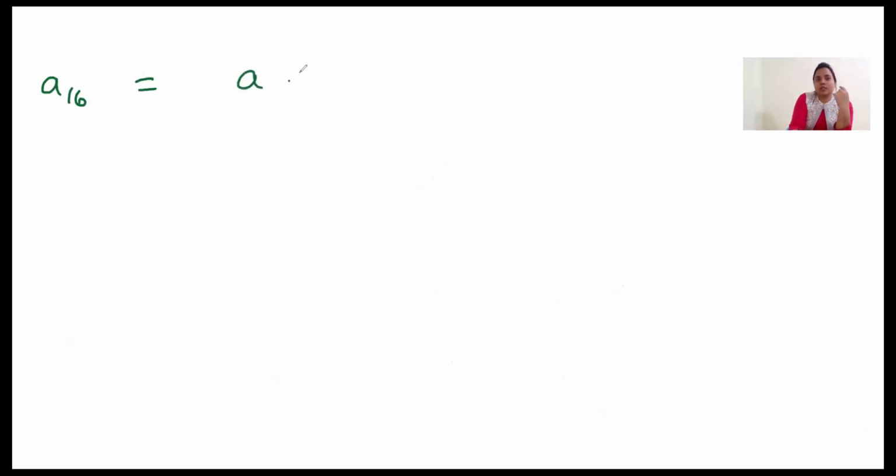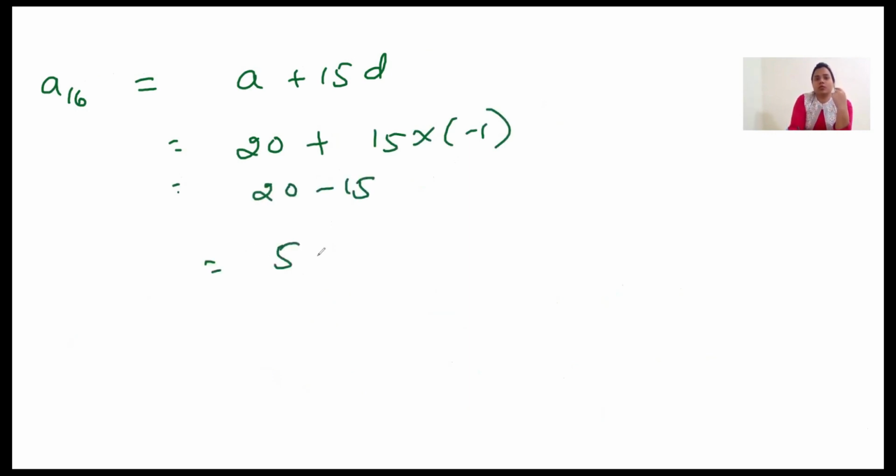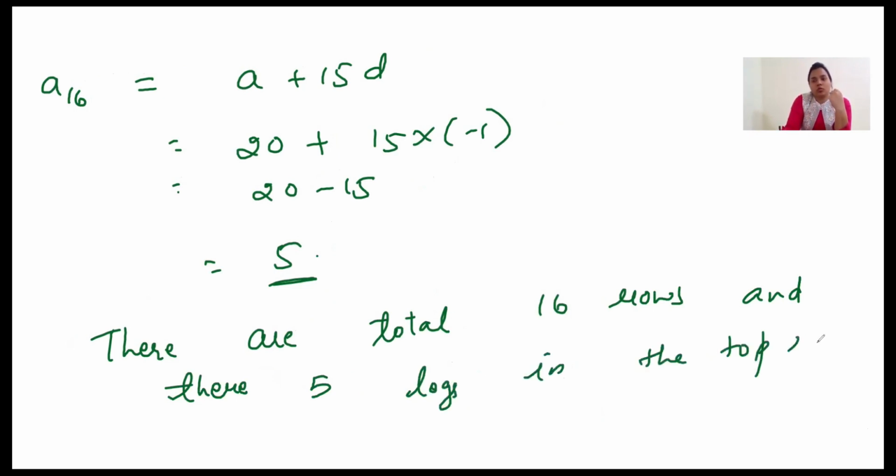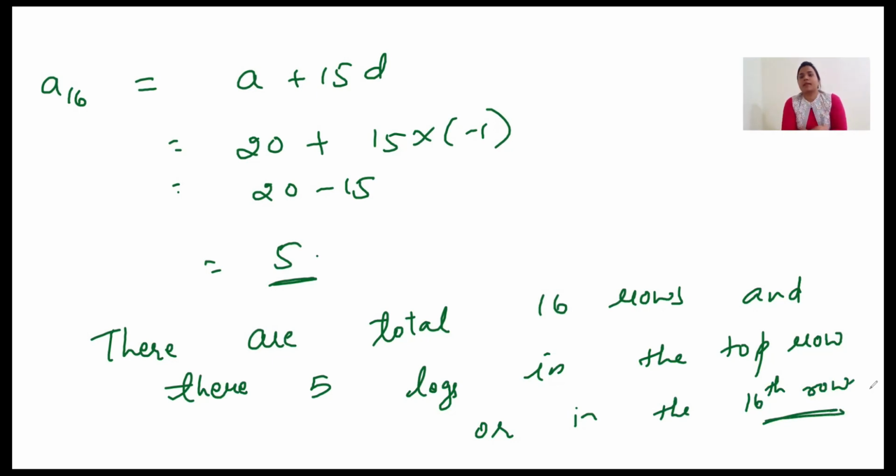That is A16 is equal to A plus 15D, 20 plus 15 into minus 1. That is equal to 20 minus 15, and that is equal to 5. Hence, there are total 16 rows and there are 5 logs in the top row, or in the 16th row. Clear this?